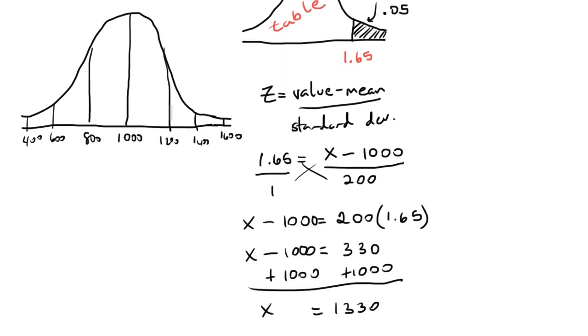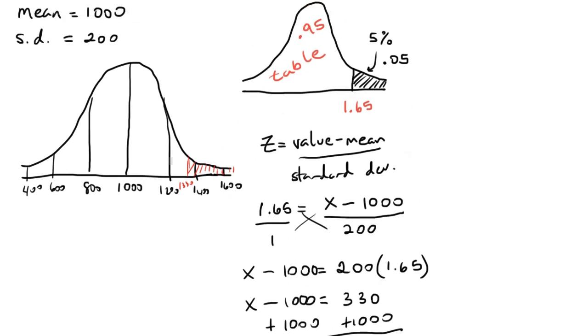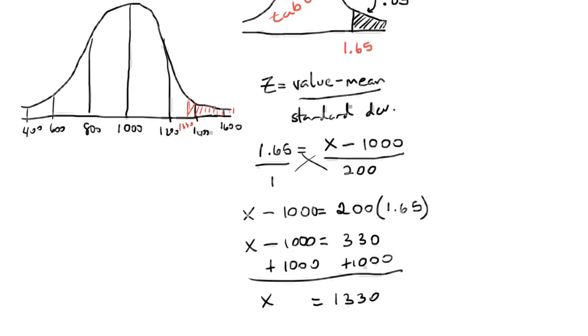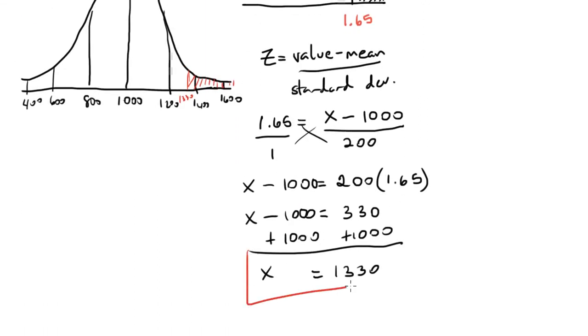If I go back to show it here, we're somewhere around there. That gives you the top 5%. So if you have a score of 1,330 or above, that's the minimum score you need for acceptance into the university. 1,330.